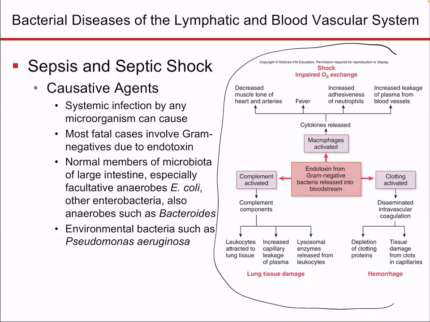And this includes, for example, a massive activation of macrophages that results in a cytokine storm, and that leads to a shock impaired oxygen exchange. Or, for example, it can also cause complement activation, and that will lead to lung tissue damage.